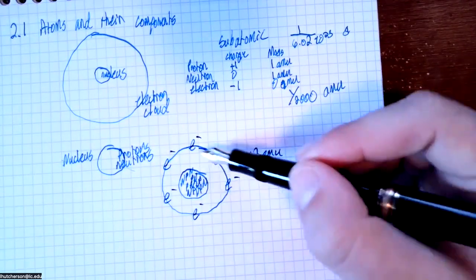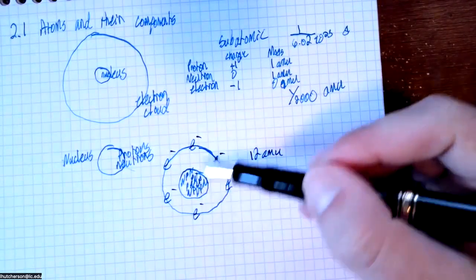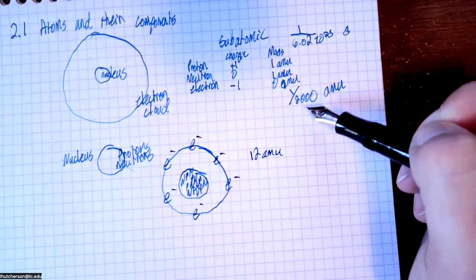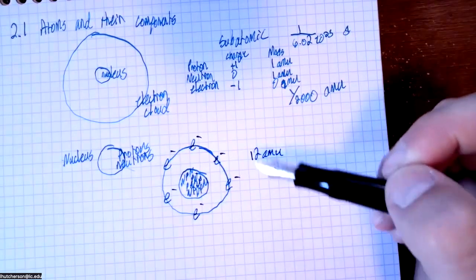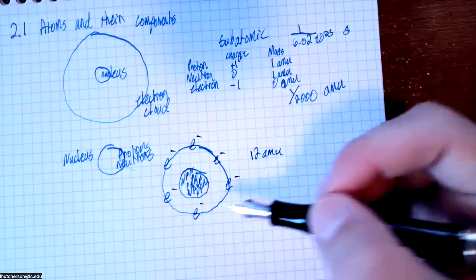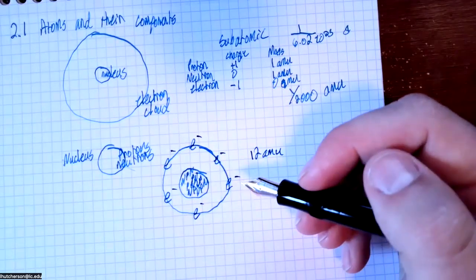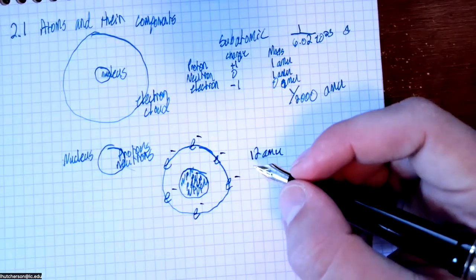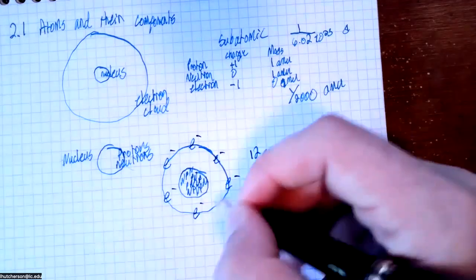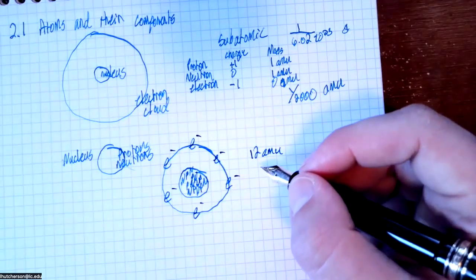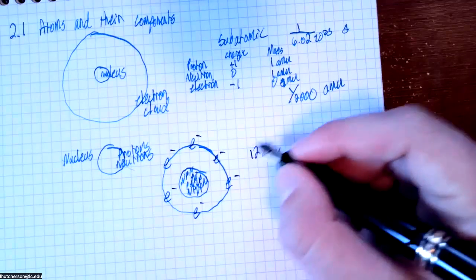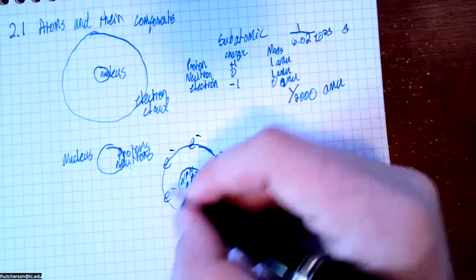Now, notice that we also have 6 electrons, but remember, the mass of an electron is tiny. So we don't really consider these as contributing to the mass of the atom. So this is going to be the mass of our atom.